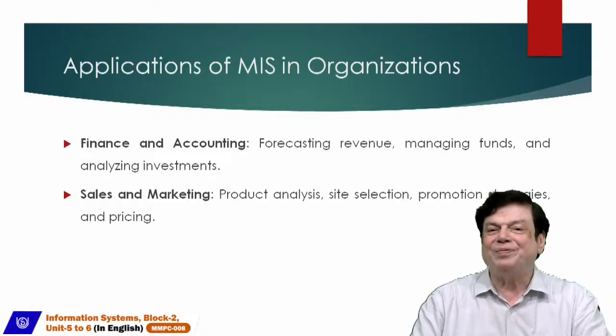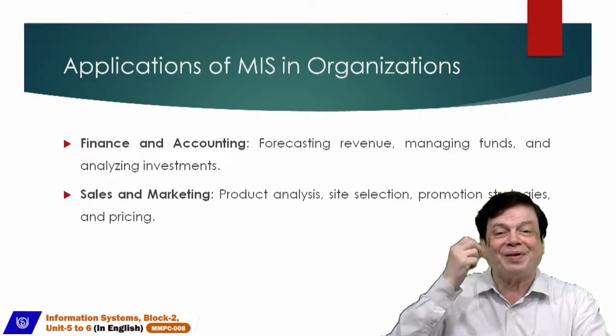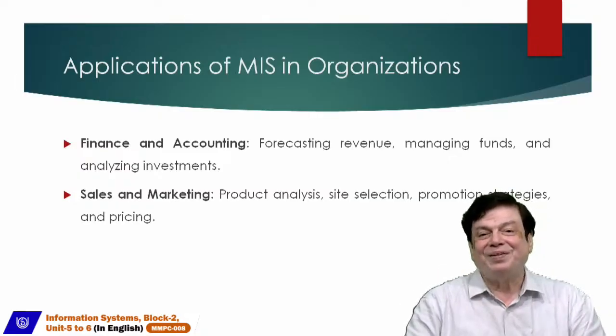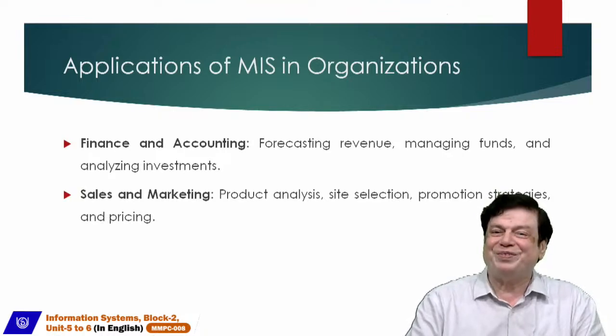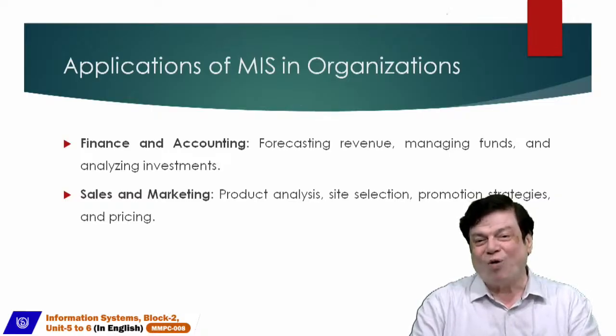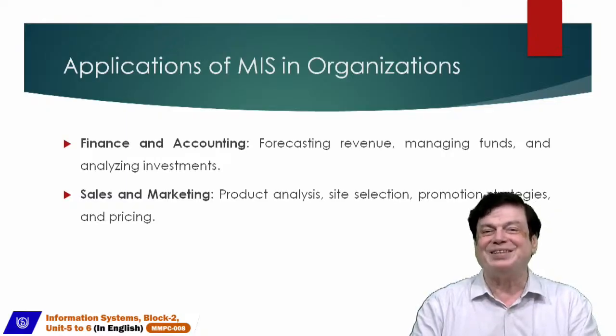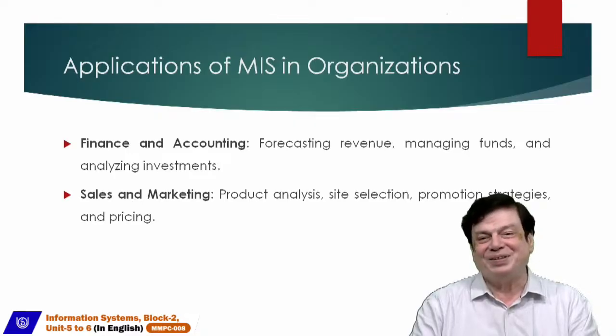Next is finance and accounting: forecasting revenue, managing funds and analyzing investments. Where to invest, from where to borrow, where to invest so that returns will be more, and from where to get the funds so that less interest is to be paid. And then bookkeeping.